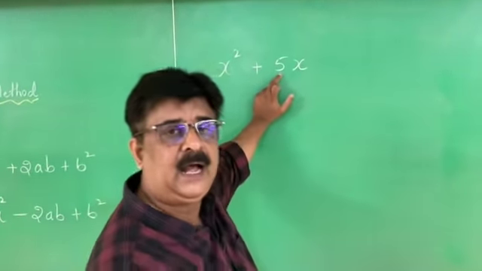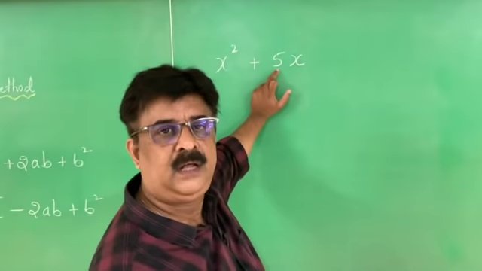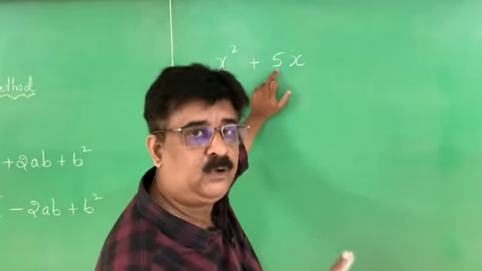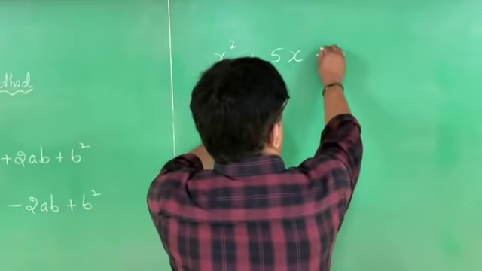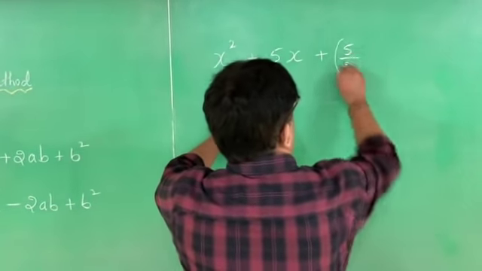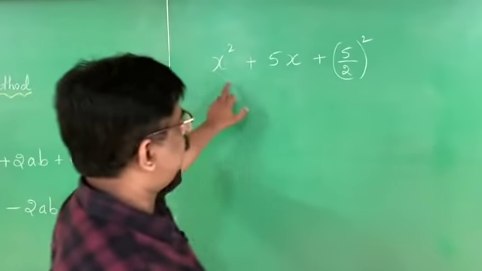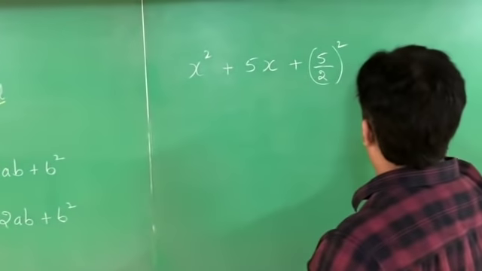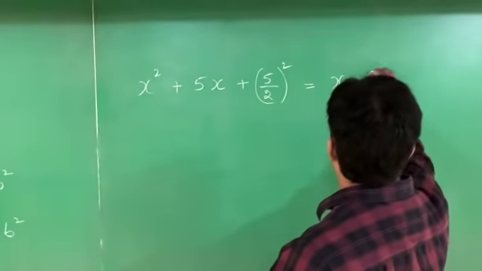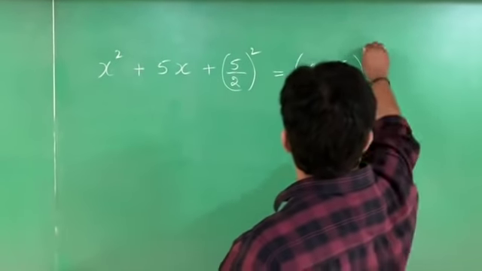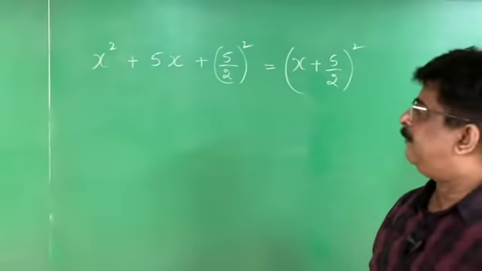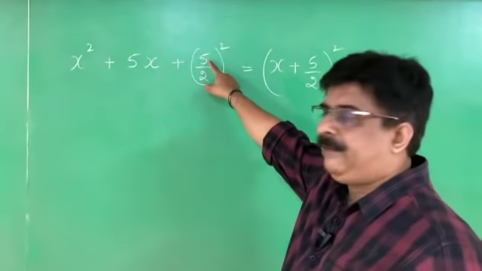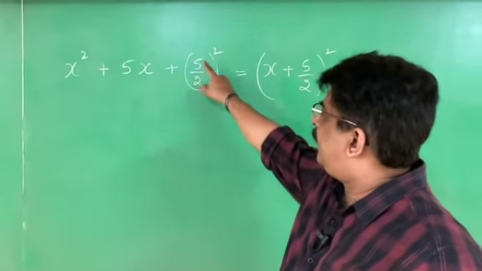Half of 5 is 5 by 2. The square of that number. Therefore, you have to add 5 by 2 whole square, to write this in the form of x plus 5 by 2 whole square. I can write 25 by 4 instead of 5 by 2 whole square.